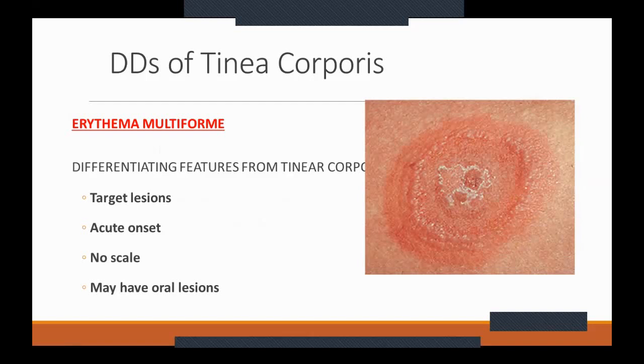It can occur anywhere on the body, but commonly presents over the palms and soles, and they uncommonly present with scales. They generally have acute, sudden onset after the intake of the drug within 1 to 2 days, and sometimes they might be associated with oral lesions also, like ulceration.